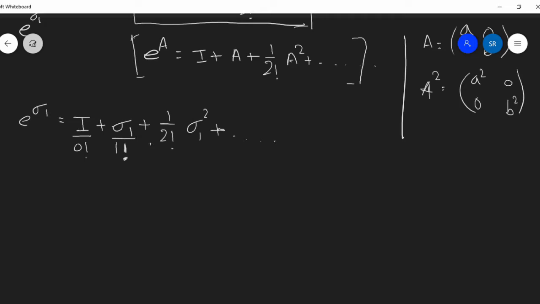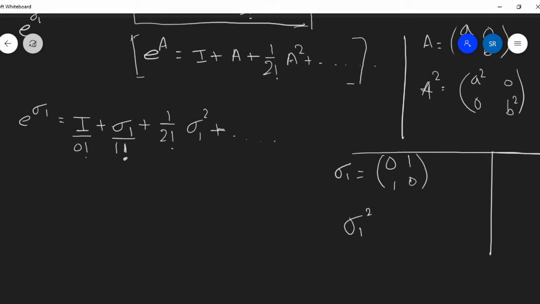Awesome. So what we do is something simple. Here's a fun fact about Pauli matrices. For example, we have the Pauli matrix sigma 1, which is [0 1; 1 0].